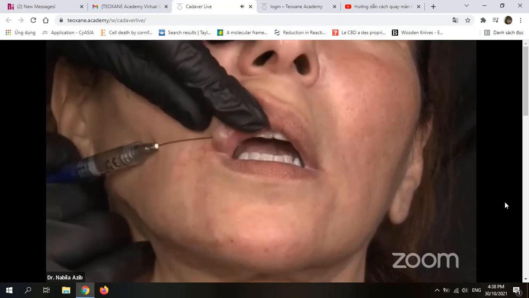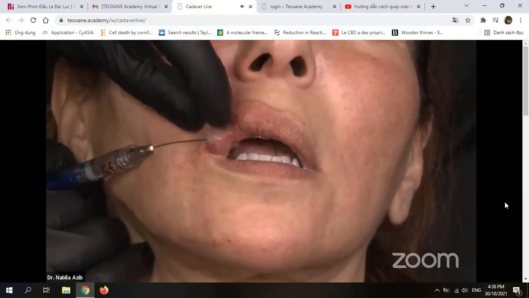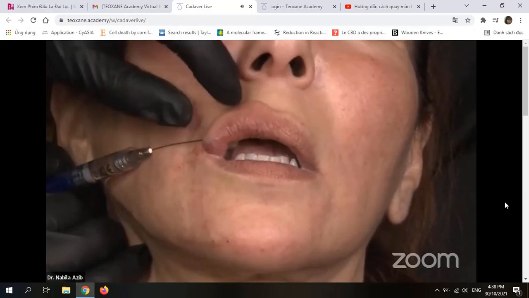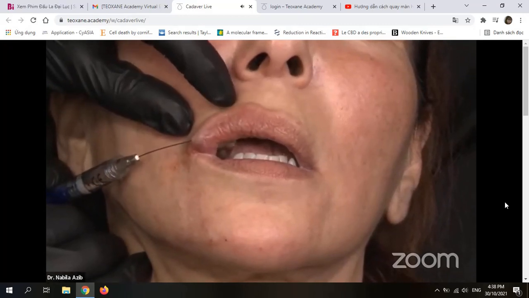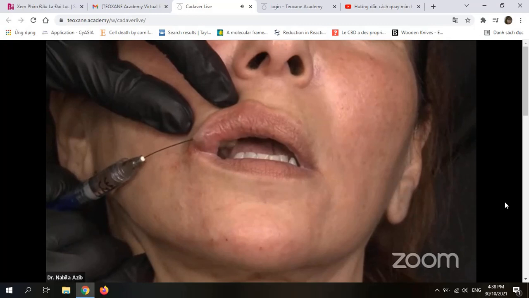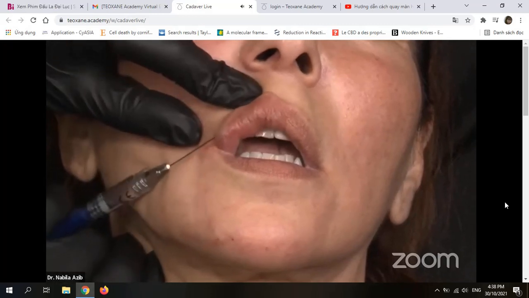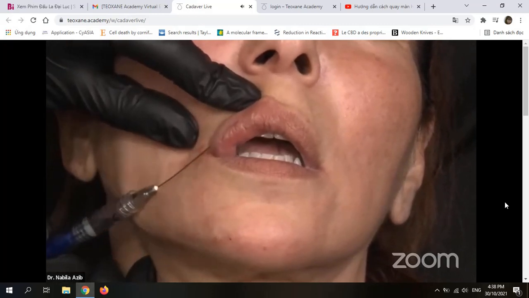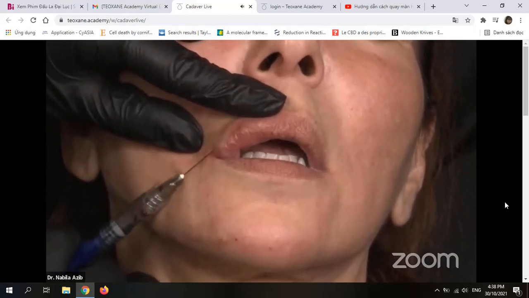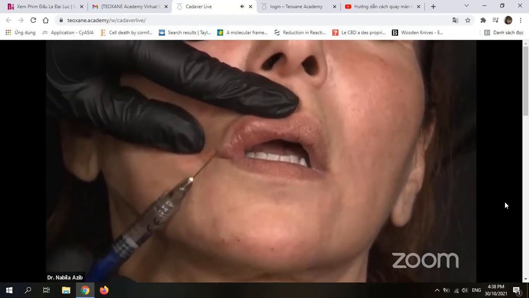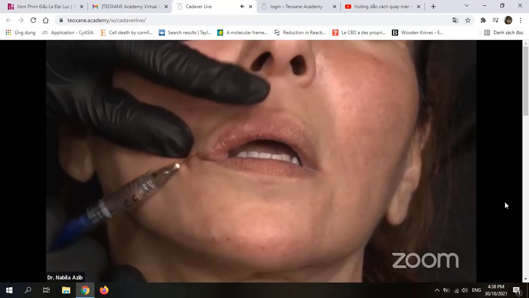I'm always on the dry lips, not on the wet lips, on the mucosal side. But look at how superficial I am. I'm approaching the mucosal side, but I'm very superficial here, just stretching the skin, the red lips. And I'm not afraid of any visibility here.